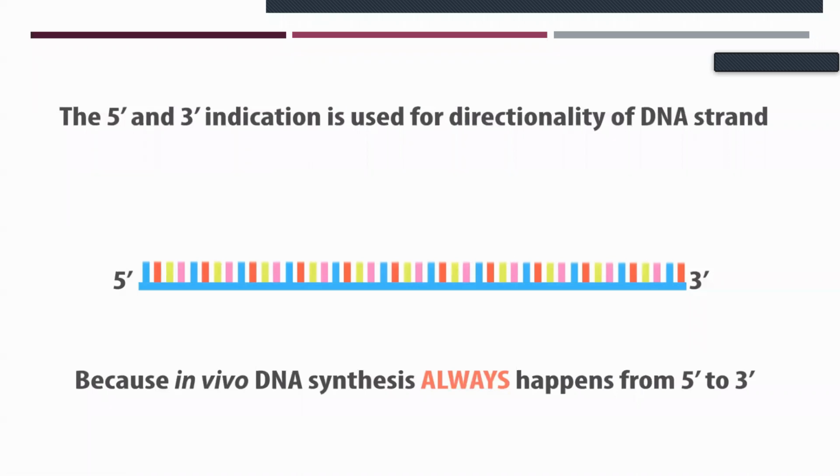Okay, so we are able to say which direction the DNA is in. If we say 5 to 3, we know it started at 5 and ended at 3. Why are we saying this?